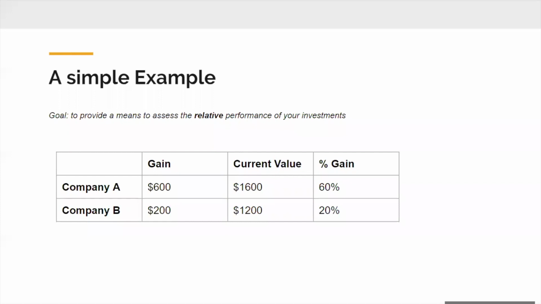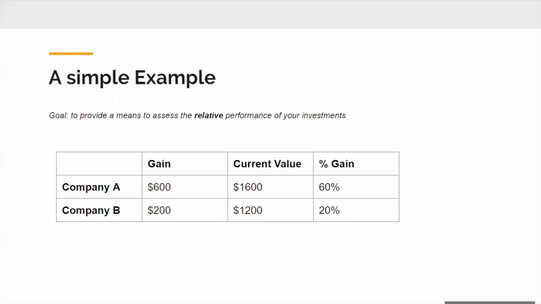And you can see that I've put here the current value, $1,600 for company A and $1,200 for company B. So the first thing that we can do is take the gain and divide it by the purchase cost and get a percentage return. This is basically what most online brokers do to report performance. So it would be reasonable to assume, in this case, that company A is the better performer.